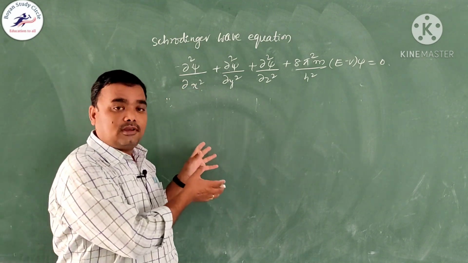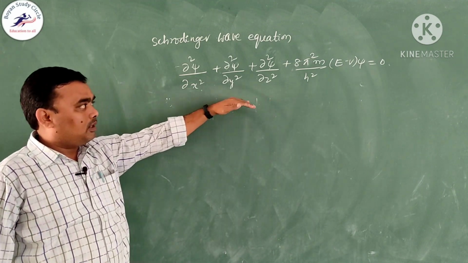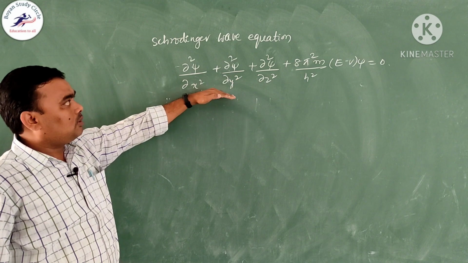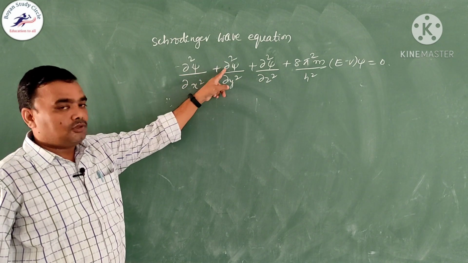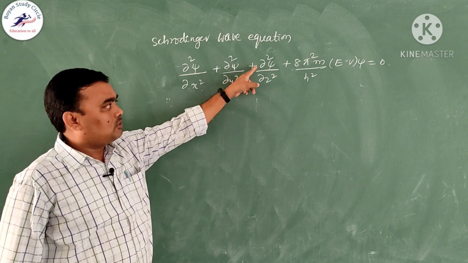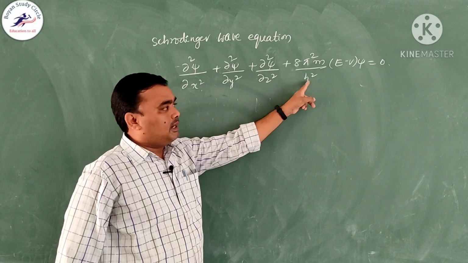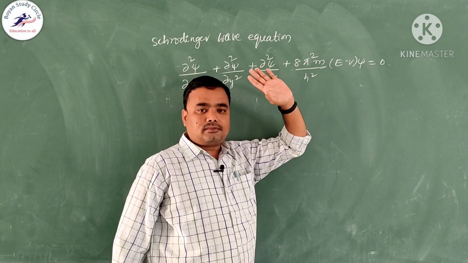Children, no need to remember this, just listen to the equation. So, this is called the Schrodinger wave equation.